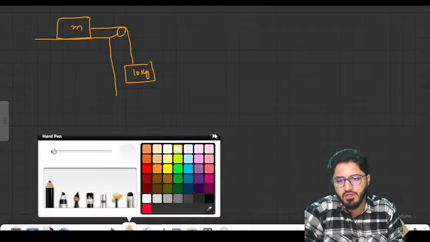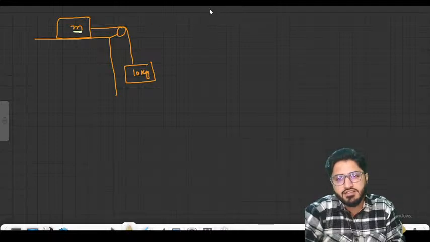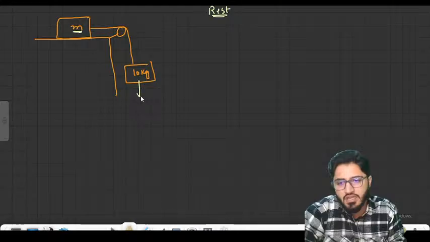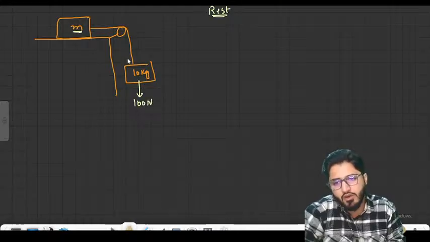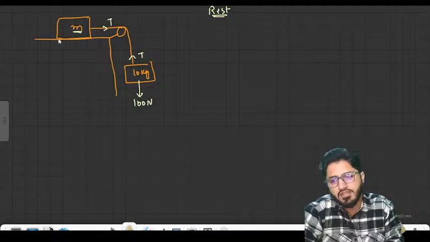You have to find the mass of this box so that everything remains at rest. 10 Newton force will be downwards. There is a tension T. There will be a frictional force Fk downwards. There is m into g and the normal reaction force.